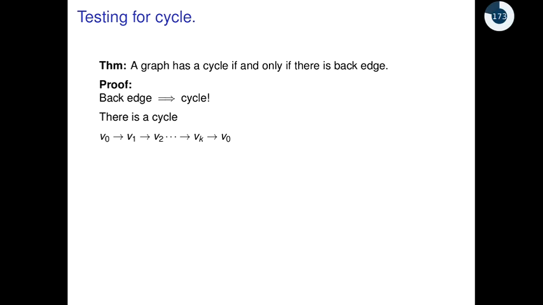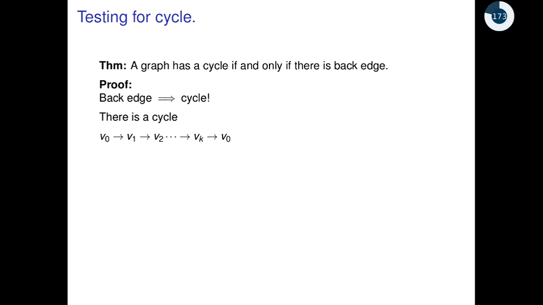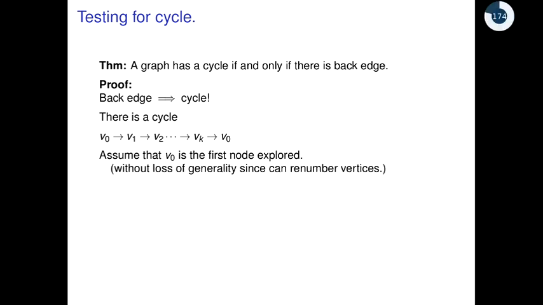So what does a cycle look like? This is what a cycle looks like. At some point, you're going to explore V, some node on this cycle, because you're going to explore every node in depth first search. Let's assume V0 is the first one explored.